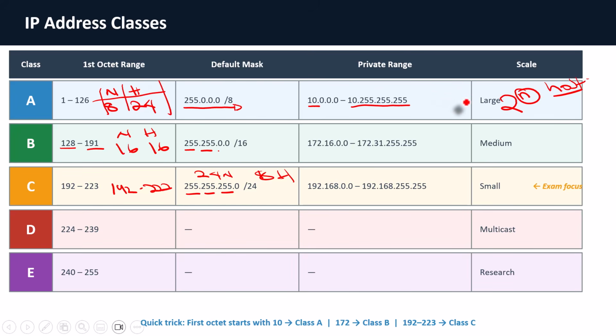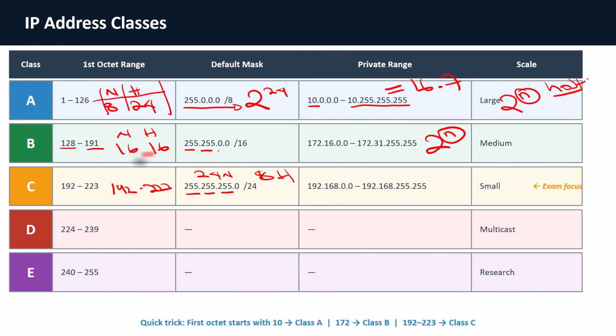To know how many hosts are available on this network, our formula is 2 to the power 24, and we get about 16,000,000 addresses.